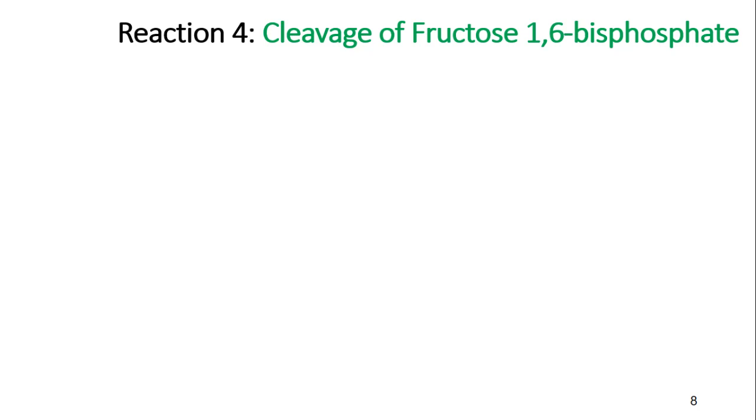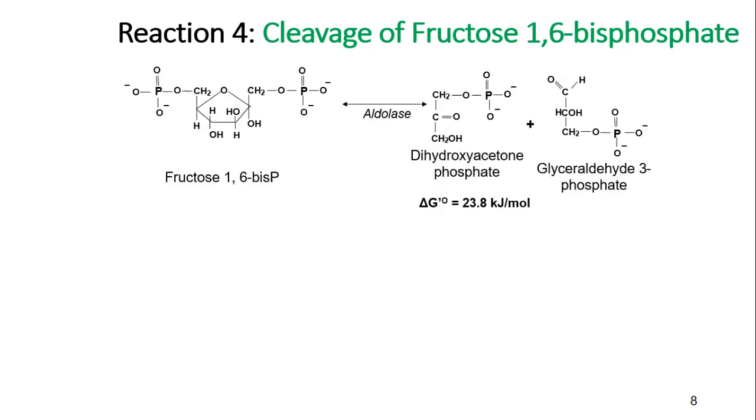Now there is a step whereby there is a cleavage of that same product which was formed, which is the fructose 1,6 bisphosphate. So if you look at this reaction, this is how this reaction is.